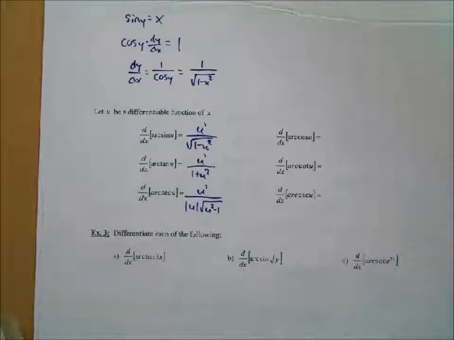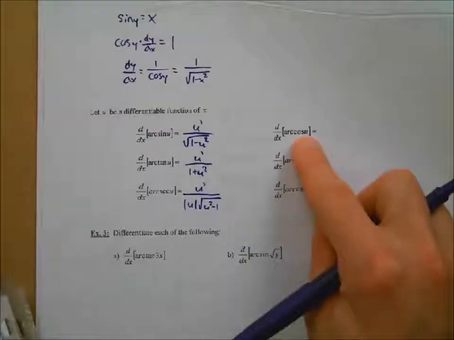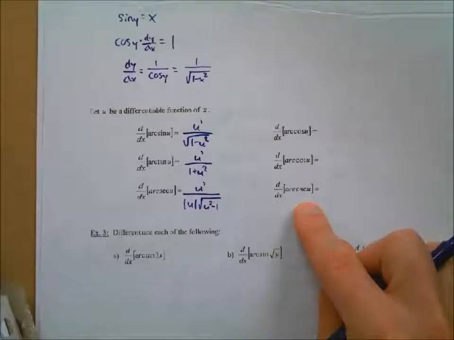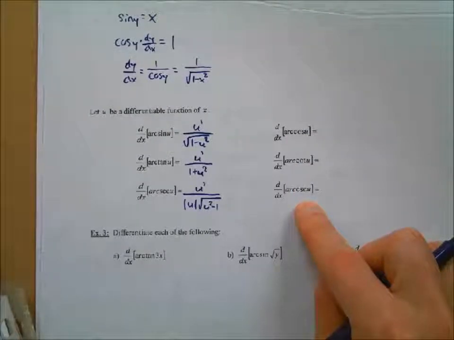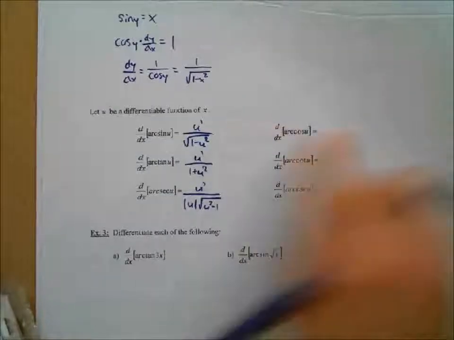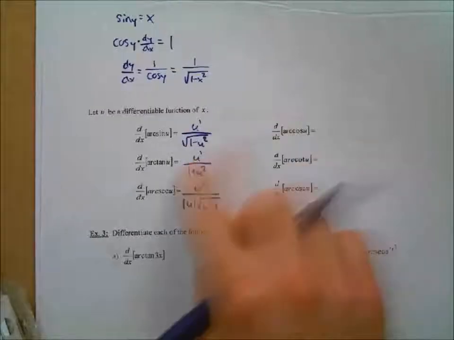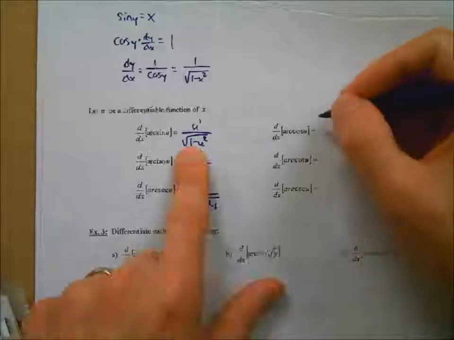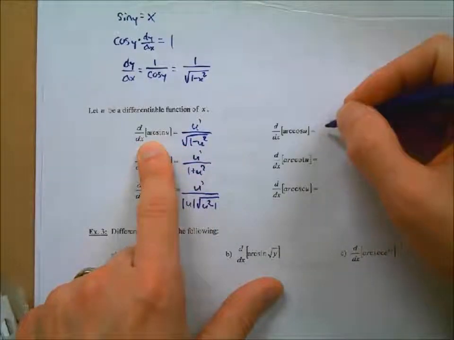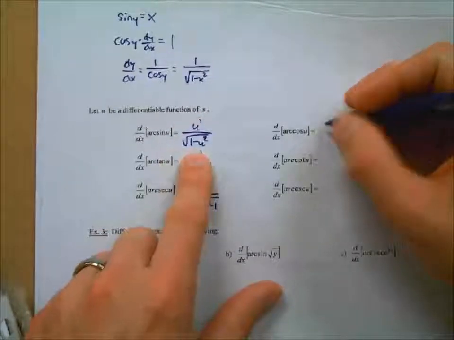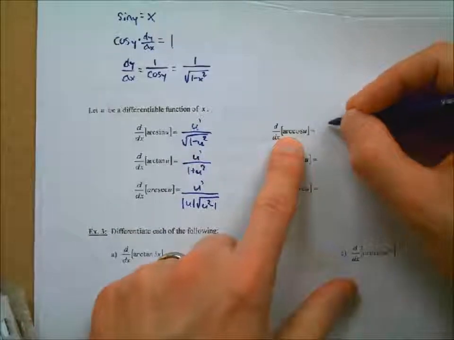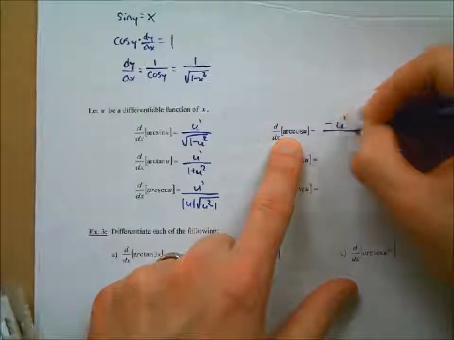The good news is arc cosine, arc cotangent, arc cosecant are just the opposites of their non-co-function siblings there. So in other words, arc sine of u is positive u prime over the square root of 1 minus u squared. Arc cosine is just negative u prime over the square root of 1 minus u squared.